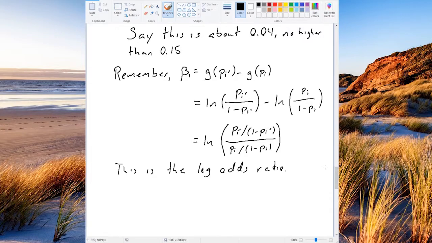So again, I want to be working on the predictive space. So let's talk about the expectation first. Now, let's assume that both of our best guesses are about right.